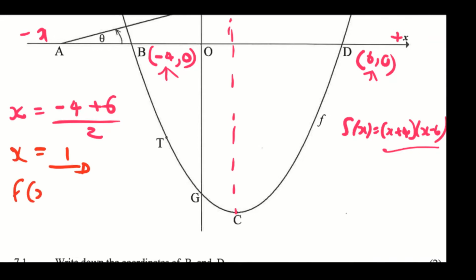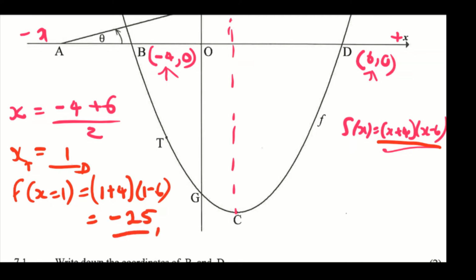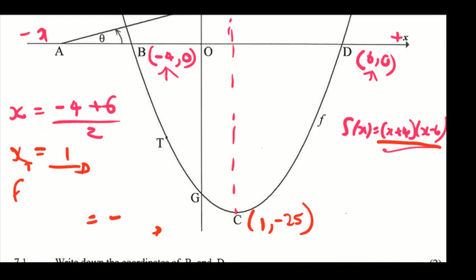To find the y value of the turning point, put 1 in the equation: (1 + 4)(1 - 6), and the answer is -25. So our turning point C is (1; -25). That's how we solve this question.